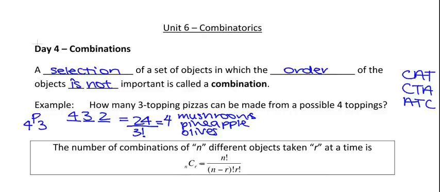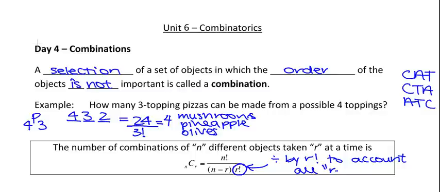So the way that we account for this is that when we're doing combinations, we use the NCR formula, which is very similar to the permutation formula I showed you last time. However, we divide by R factorial to account for all the repeats.